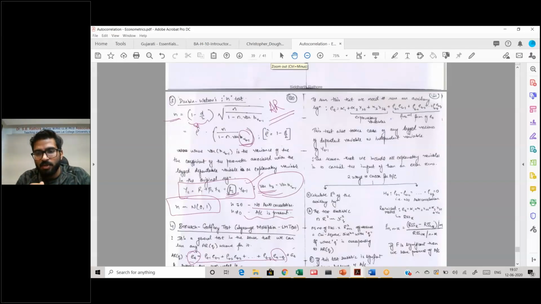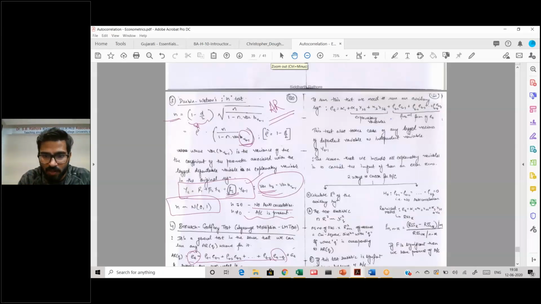This is something similar to the White test. You used to have a general White test where you were running the regression of the error square on not only all x variables but different cross products, different squares, cubes, different functional forms. The spirit is very similar.